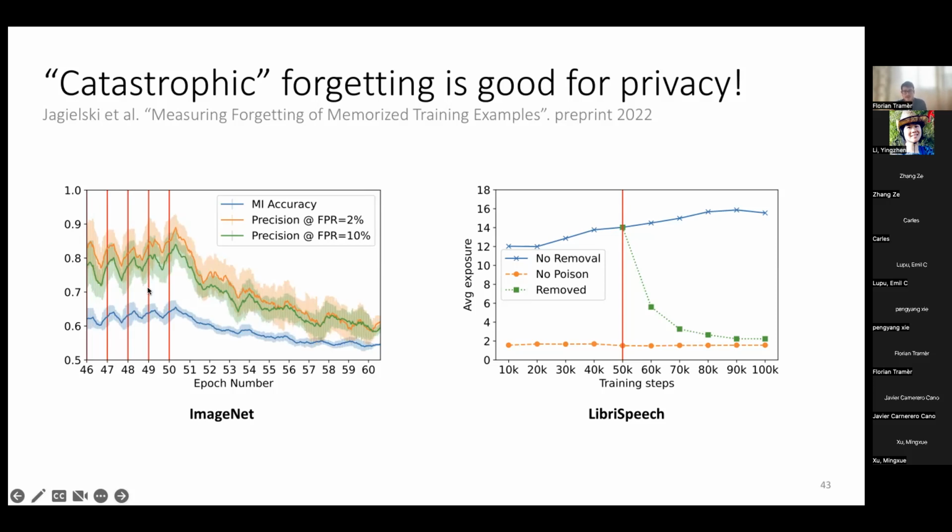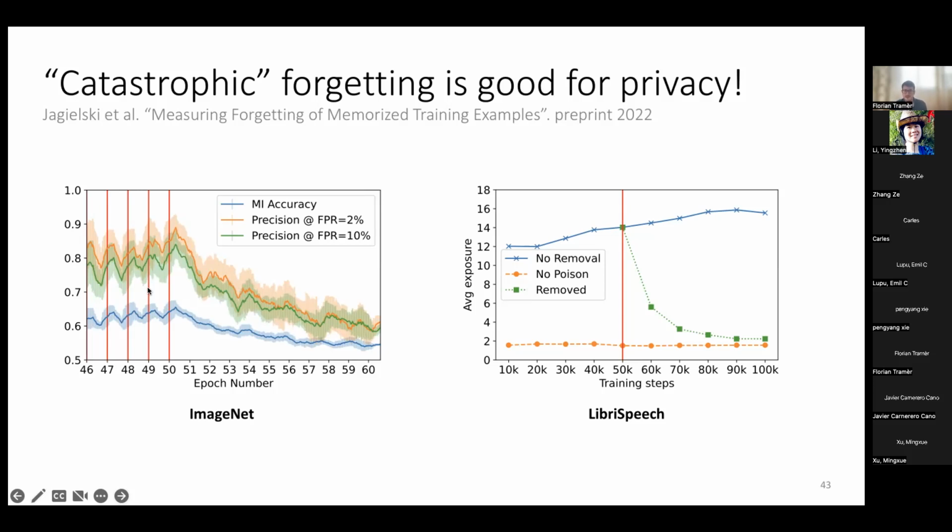Not quite, but we think this is an interesting phenomenon to consider: just from the stochasticity of the training process itself, models might forget training data quite quickly.